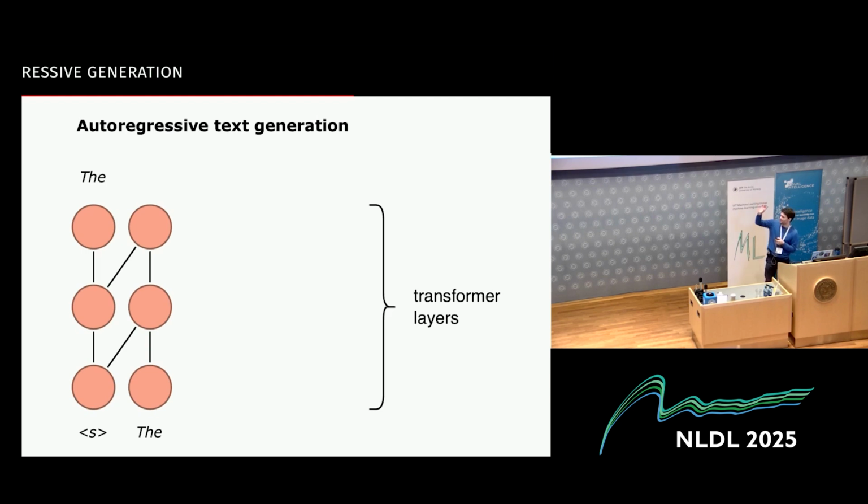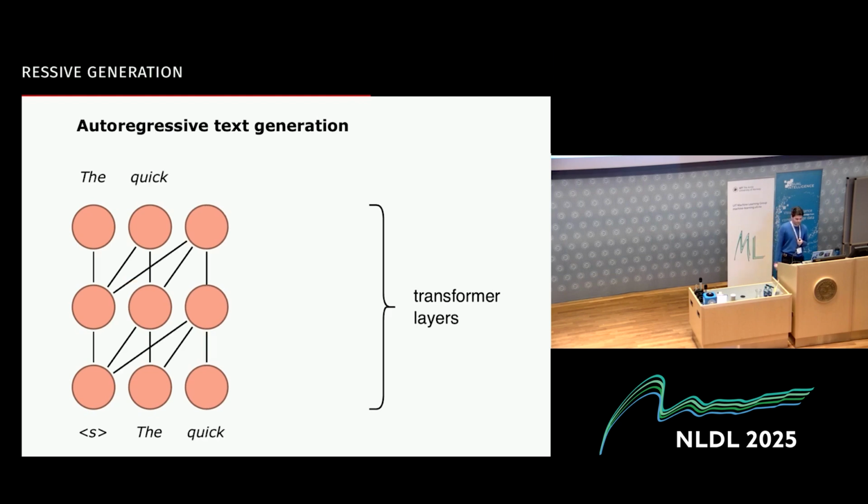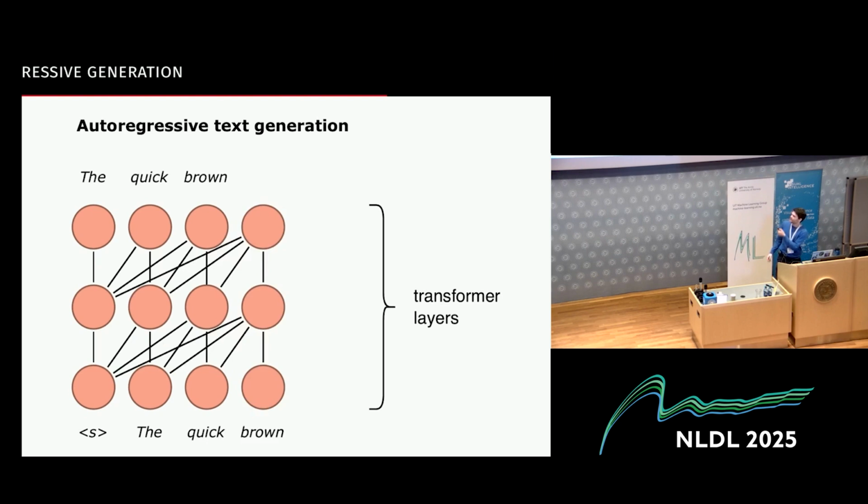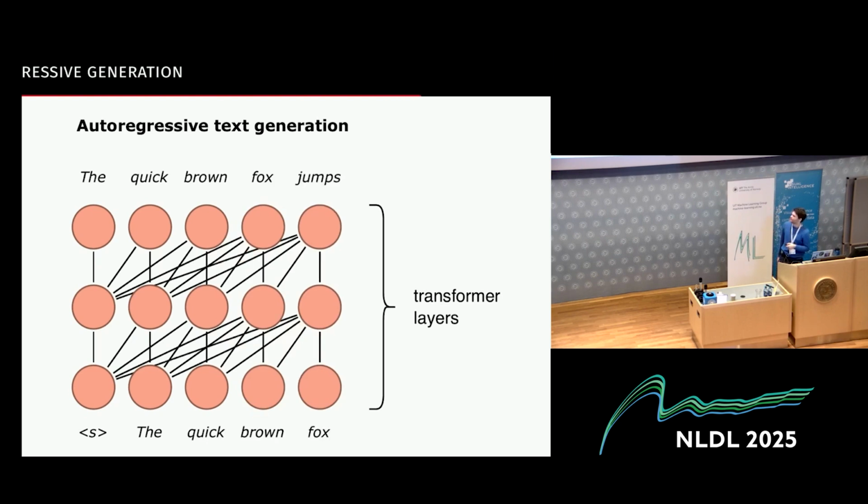Now the input is the special beginning of sequence token and the chosen token, and again we move through the layers of the transformer and look at the final distribution that shows the probability distribution of the third word. We pick one of the tokens from this distribution and again put it into the input, and again look at the output. We put the output into the input and do this iteratively until we generate the full sequence.